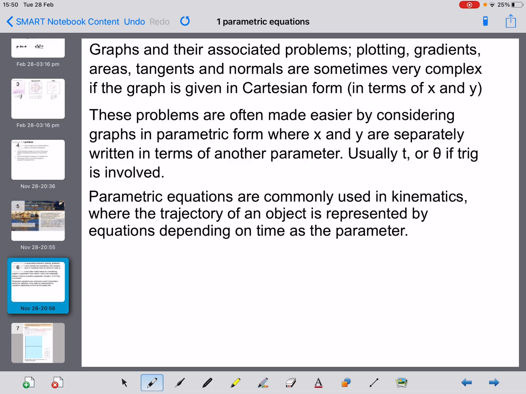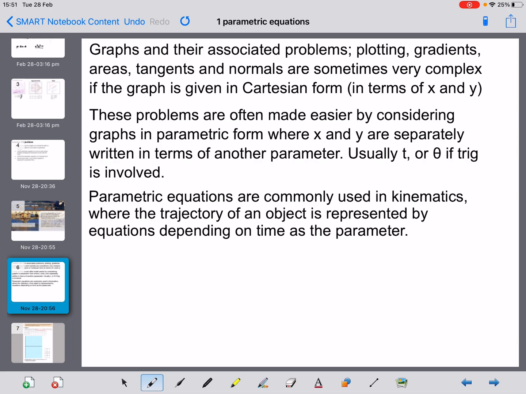So here's just a little explanation now about why we use them. It says graphs and their associated problems involving plotting, gradients, areas, tangents and normals are sometimes very complex if the graph is in Cartesian form, i.e. in terms of x and y.